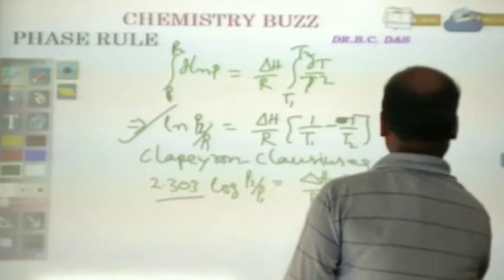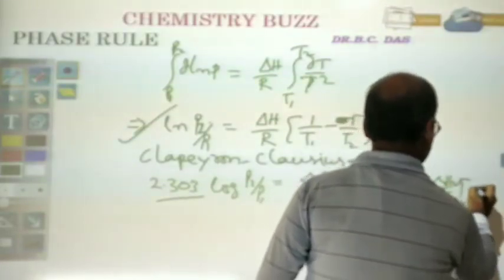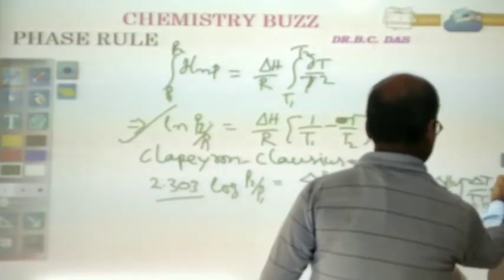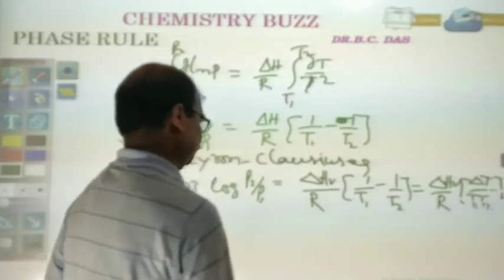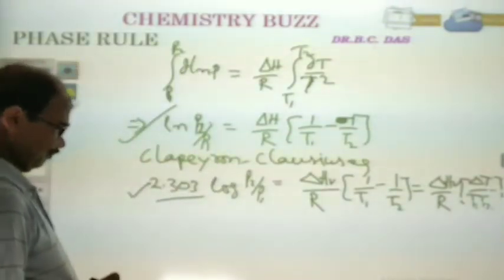Also we can write this as delta H V by R into delta T by T1 T2. Okay. So this is another form of Clapeyron Clausius equation.